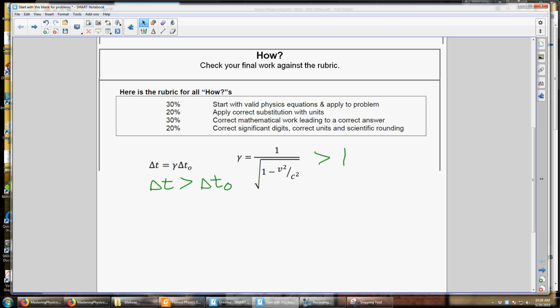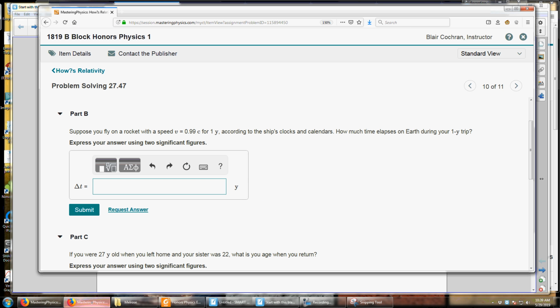And from that, I'm going to keep in mind for my y that the time on the ship is going to be less than the time that passes on Earth, right? Because the ship is traveling, and so less time is passing on the ship than passes on the Earth.